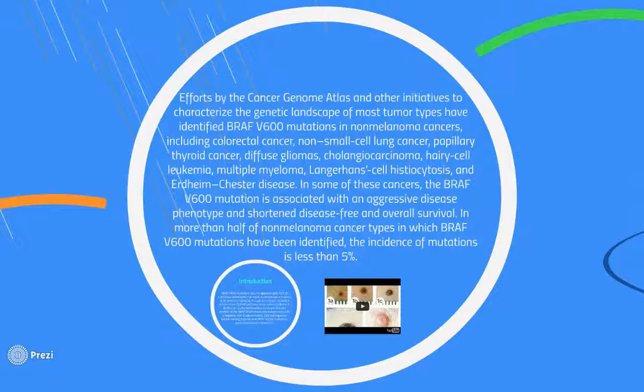Efforts by the Cancer Genome Atlas, another initiative to characterize the genetic landscape of most tumor types, have identified BRAF V600 mutations in non-melanoma cancers, including colorectal cancer, non-small cell lung cancer, papillary thyroid cancer, diffuse gliomas, cholangiocarcinoma, hairy cell leukemia, multiple myeloma, Langerhans cell histiocytosis, and Erdheim-Chester disease.